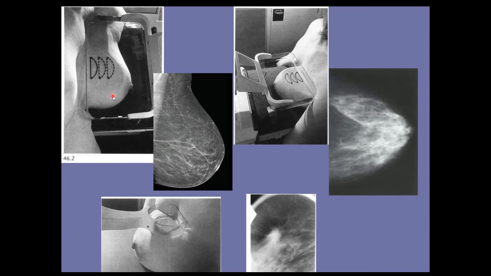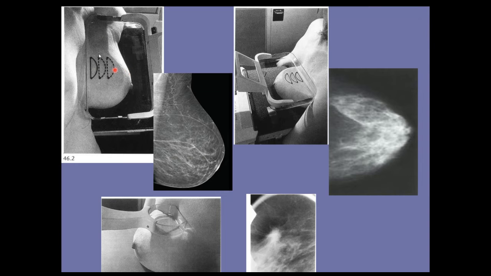First of all, it will reduce the X-ray dose to the patient, because the tissue is evenly spread. The patient will receive less radiation dose, because if the tissue is more packed together, we have to give more X-ray radiation to get a good image.